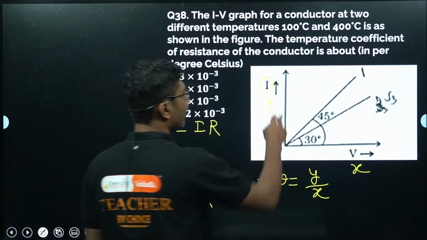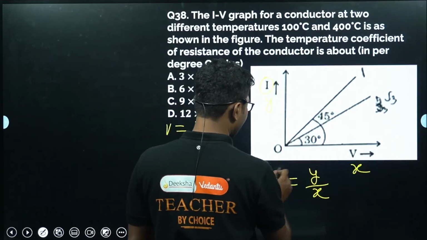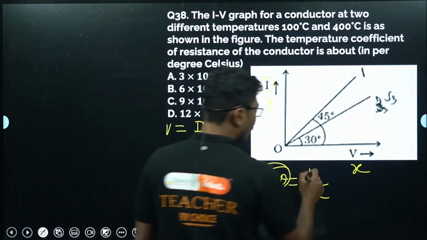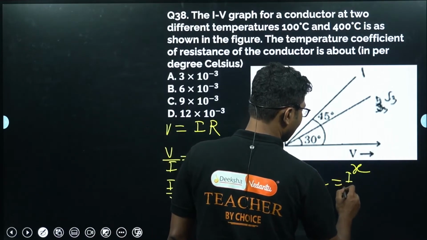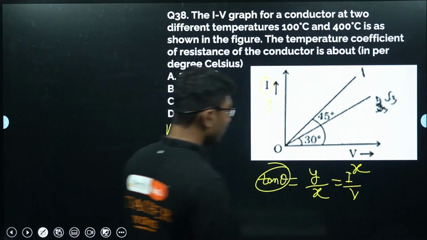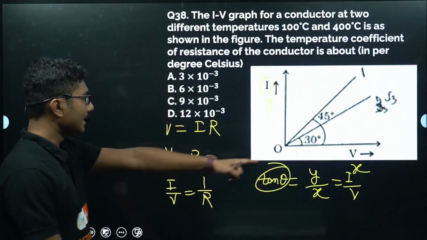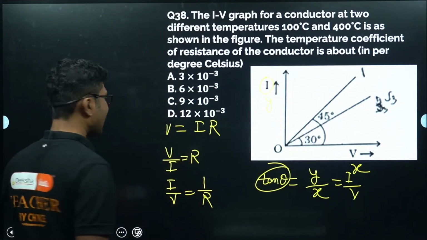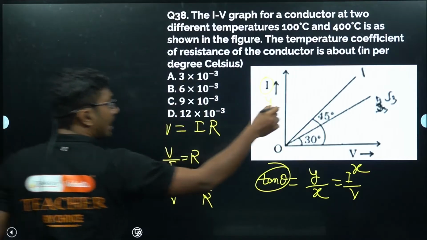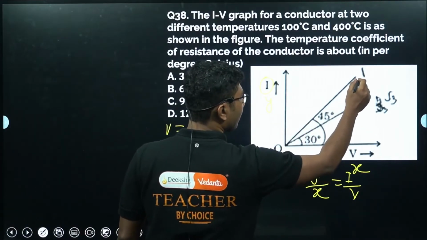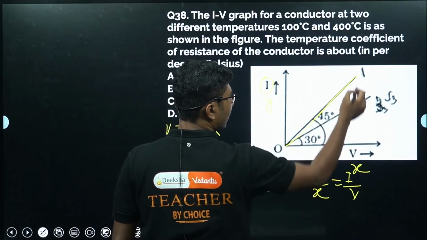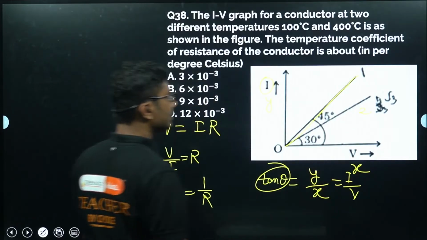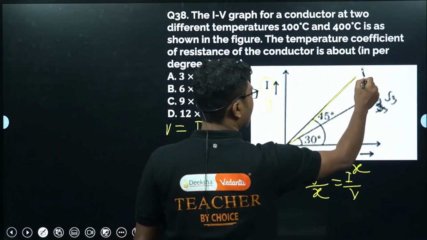Now from this graph, if we can find tan theta, where y is I and x is V, then I by V is equal to 1 by R. So from the first graph, this one is number 1 and this one is number 2.